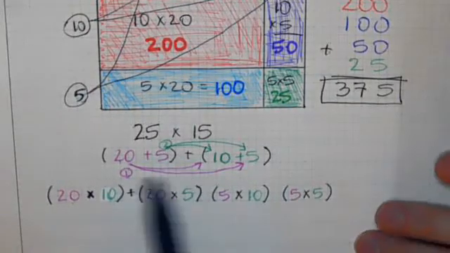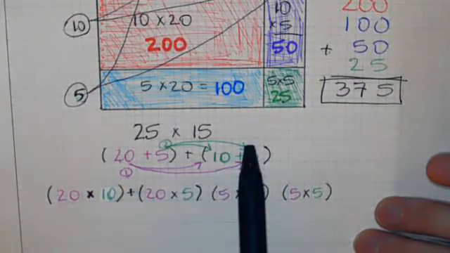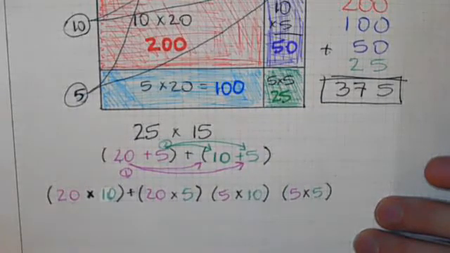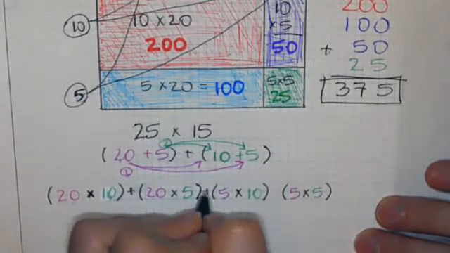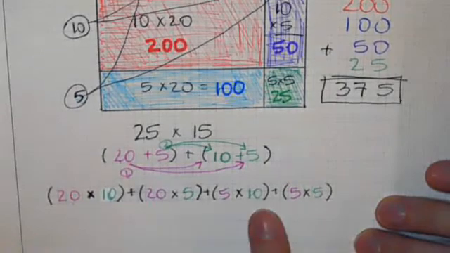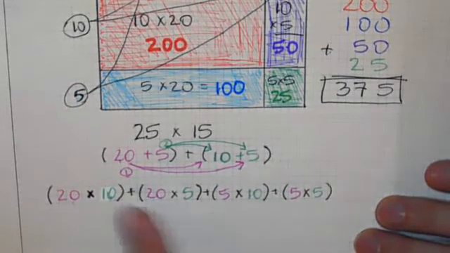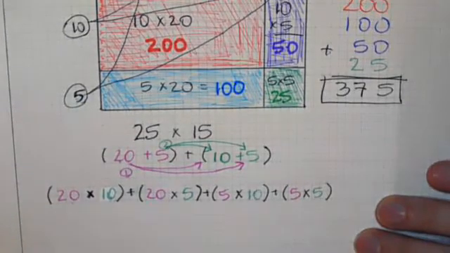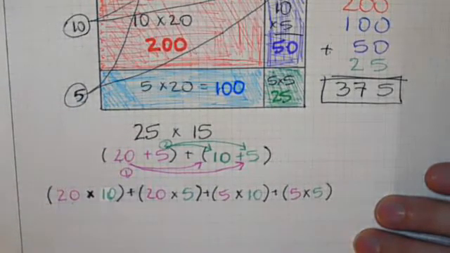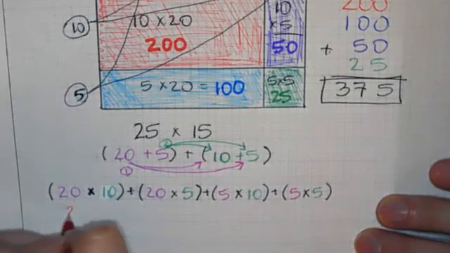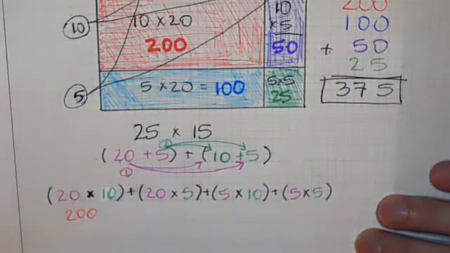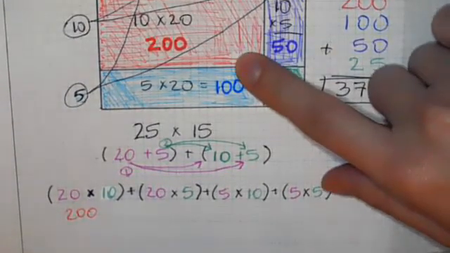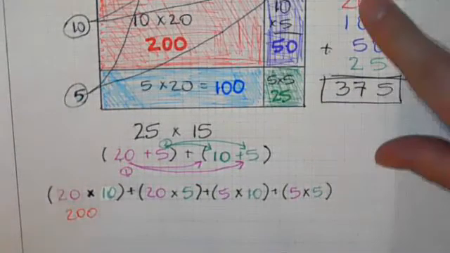Now that I have distributed the 5 to both the 10 and the other 5, I'm going to put an addition sign in between each of these because these are going to give you your partial products. So right here I have 20 times 10 is 200, and you'll notice I have that up here also.